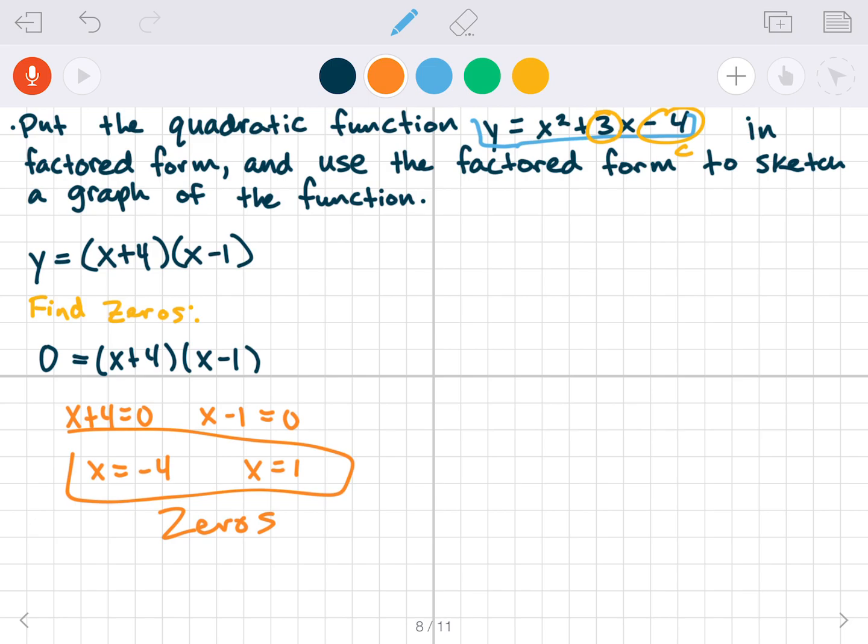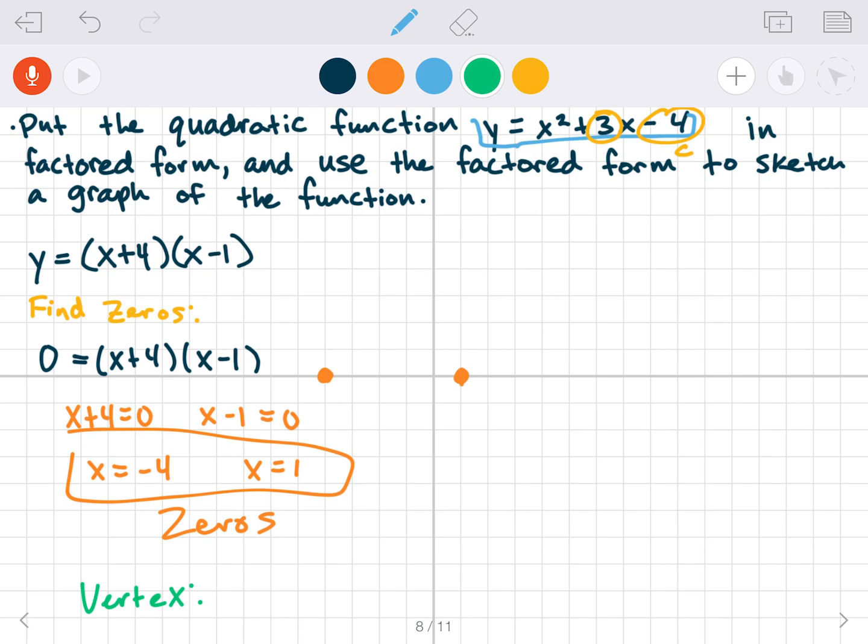So the first point is x equals 1, which I'm going to label right here. And the second point is x equals negative 4, 1, 2, 3, 4, which I'm going to label right here. So those are my zeros, and now I just need to figure out another point on this thing, namely the vertex, to get a picture. So since I found the zeros, I'm going to go ahead and find the vertex at this point.